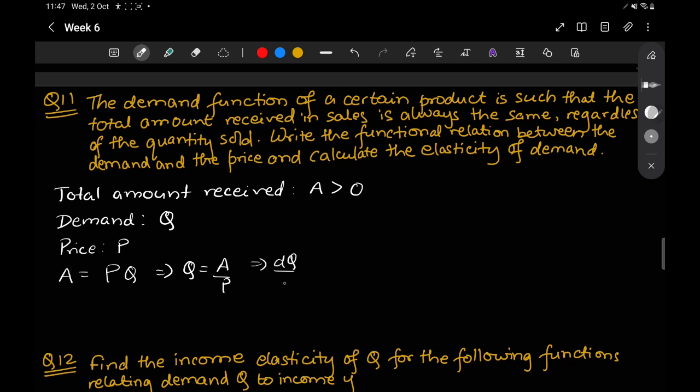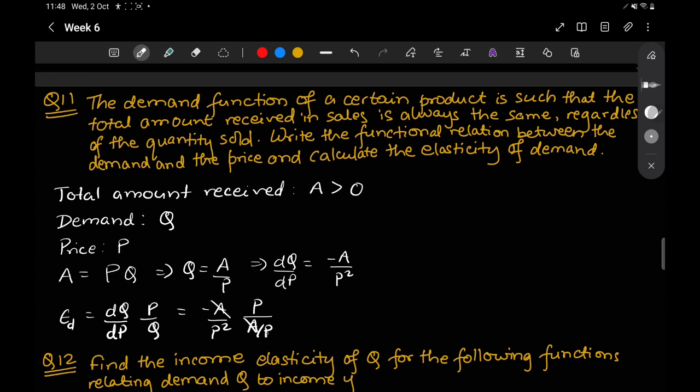So dQ over dP is minus A over P squared. So elasticity of demand is dQ by dP times P over Q. Q is A over P, so A cancels out.